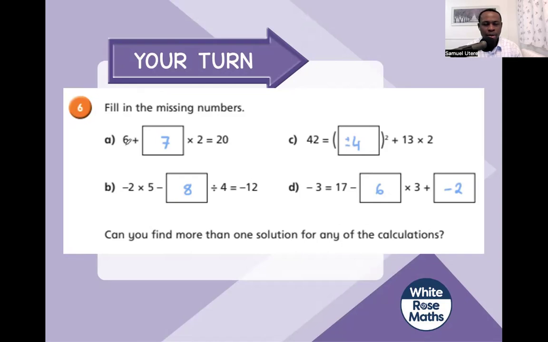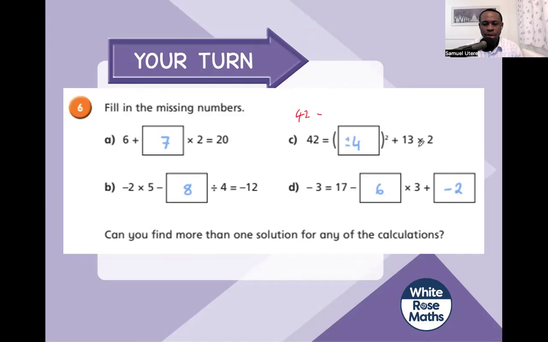That will give us 14, and then we divide by 2. Here, this is 26. So we could have done the inverse operation of 42 subtract 26.